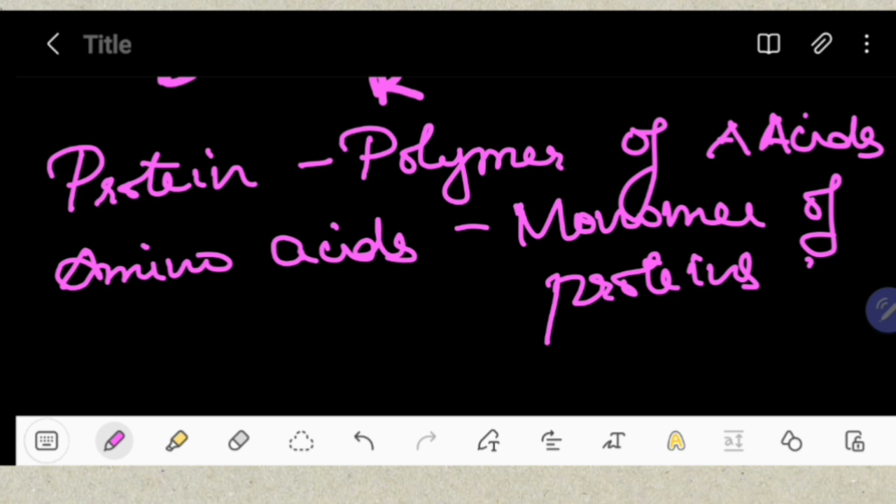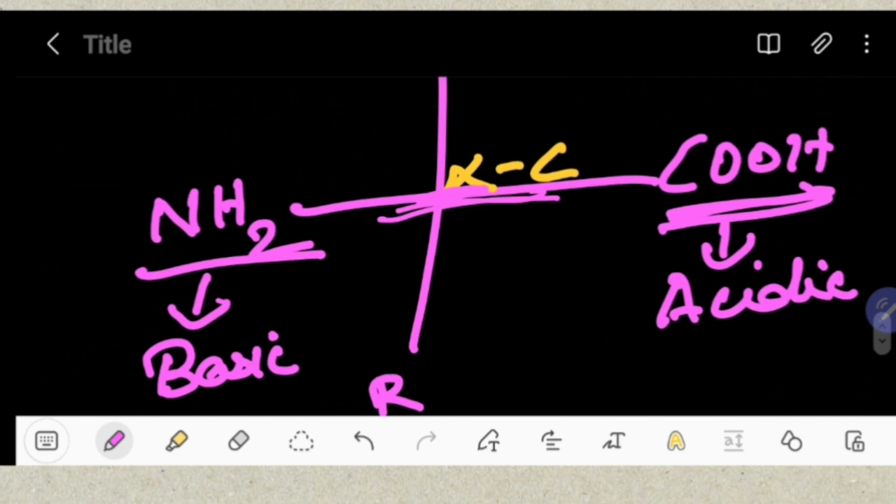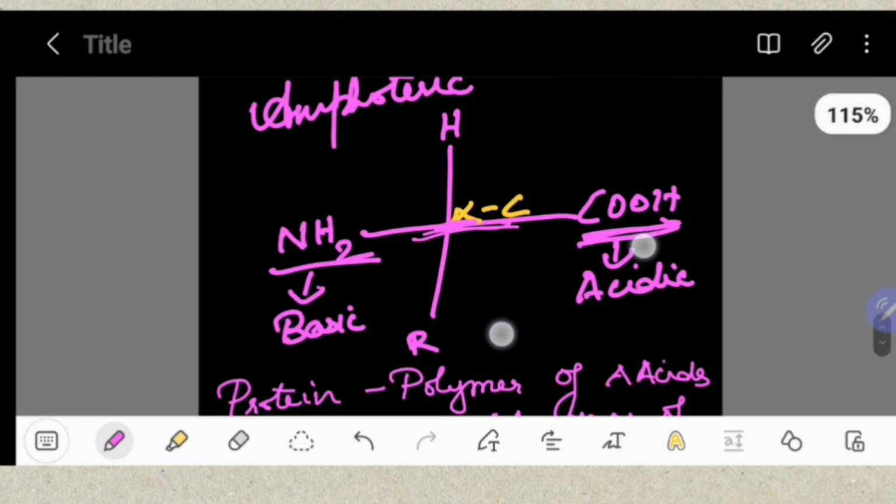Now, amino acids. There are two main properties of amino acids. The main property is their ionizable nature. We know that it is a zwitterionic form. Normal amino acid structure is this one.